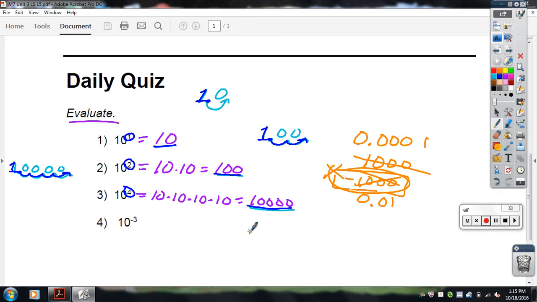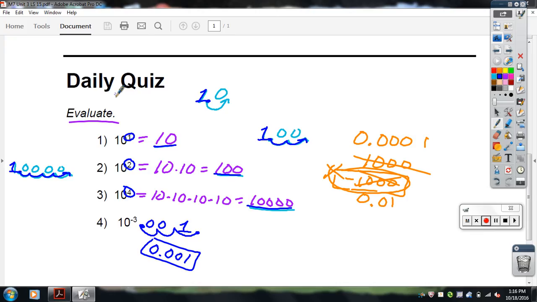So how is this one different? Well, I'm still going to take the number 1 and I'm still going to move the decimal, and I'm going to move it 3 times, but negatives go left, so you move the decimal place 3 times to the left. 0.001.